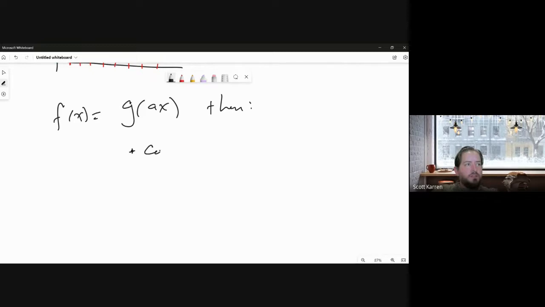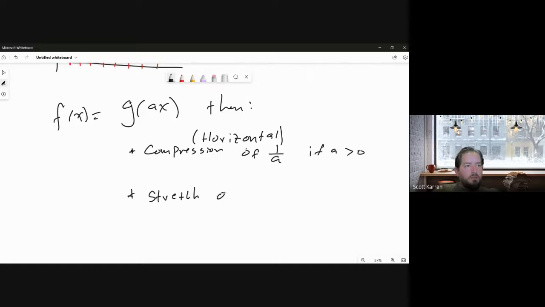It's either a compression, and this is a horizontal compression, by a factor, and we'll say compression of 1 over a, if a is greater than 0, right? But if it's not, then you have a stretch of still 1 over a if a is less than 0, right?